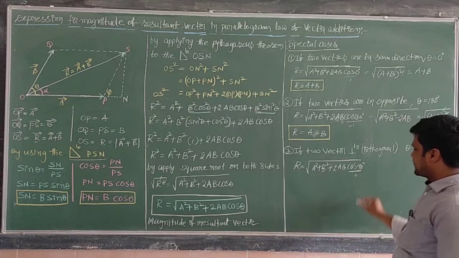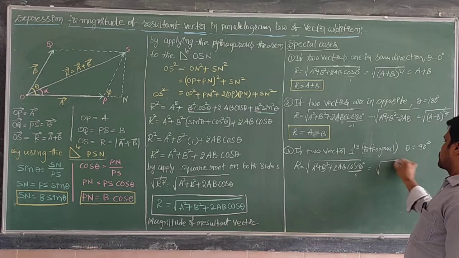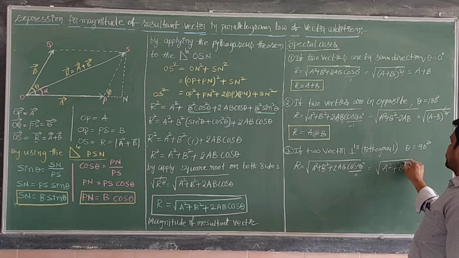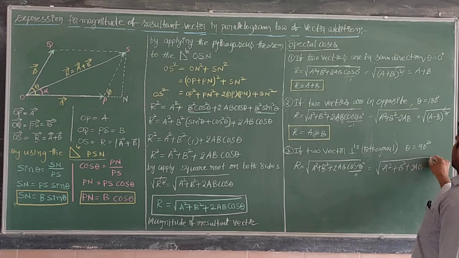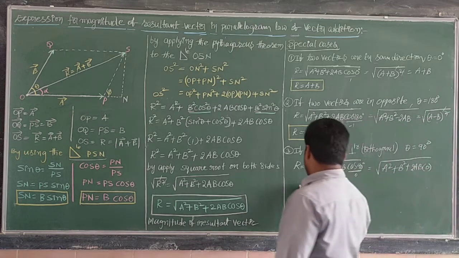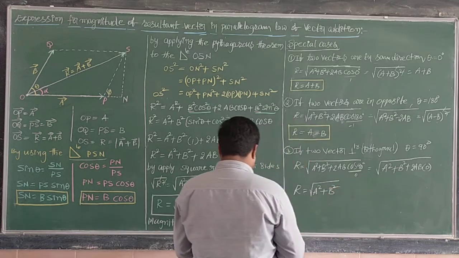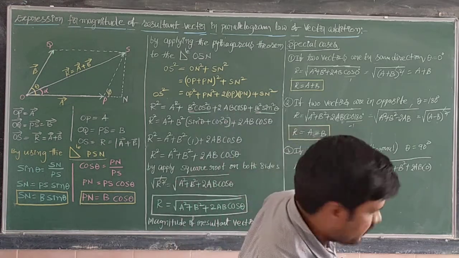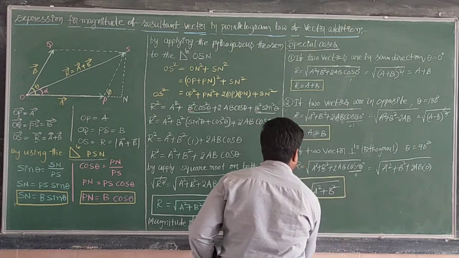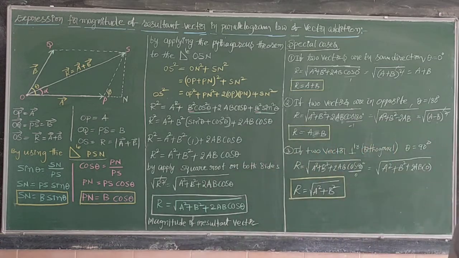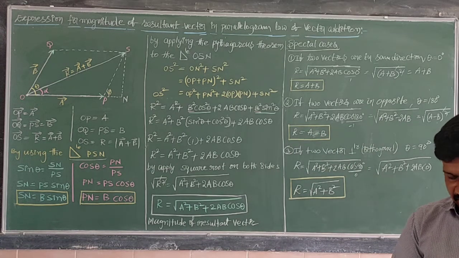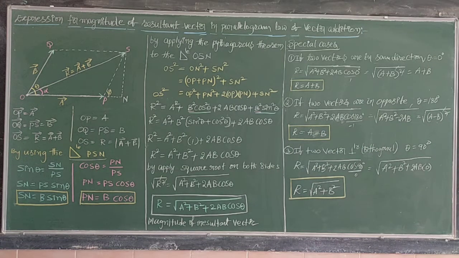My cos 90 value is 0, so we get a square plus b square plus 2ab into 0. The resultant is R equal to square root of a square plus b square. This is the resultant vector when the two vectors are orthogonal, perpendicular to each other. This is the concept related to the special cases of the parallelogram law of vector addition.